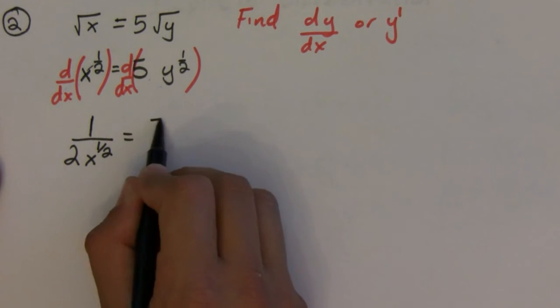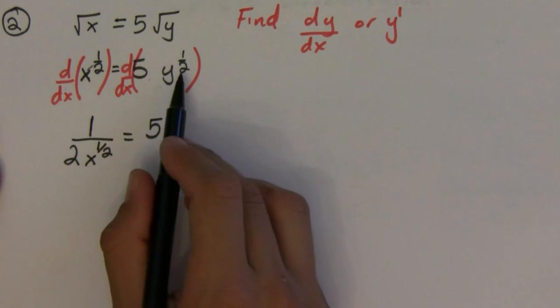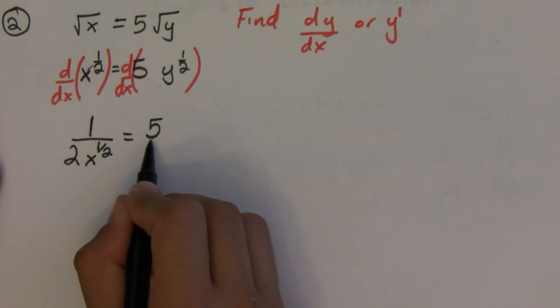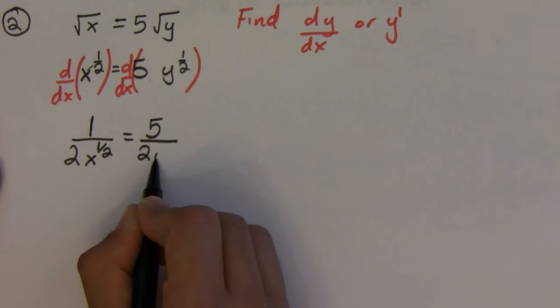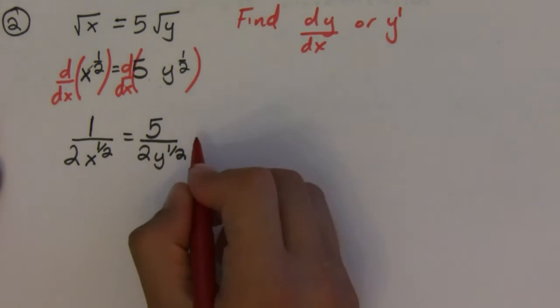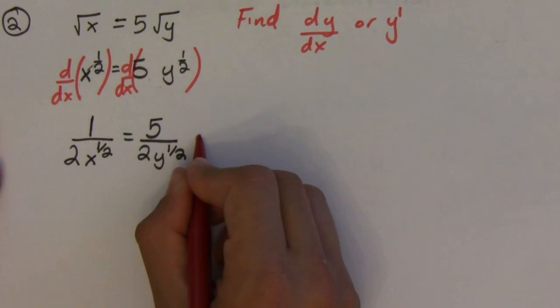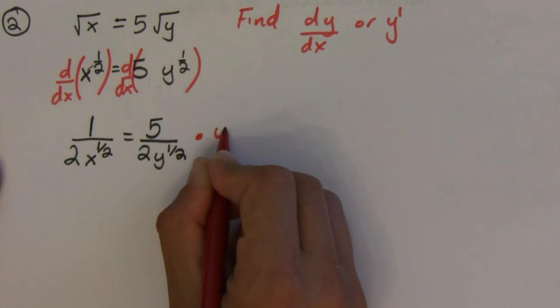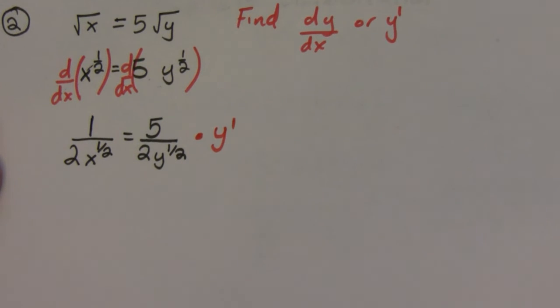Okay, so this equals 5, and if we apply the same little shortcut, we would have 5 over 2y to the 1/2, but this time, since we got the derivative of y from the chain rule, we have to multiply by the derivative of y with respect to x, or y prime.